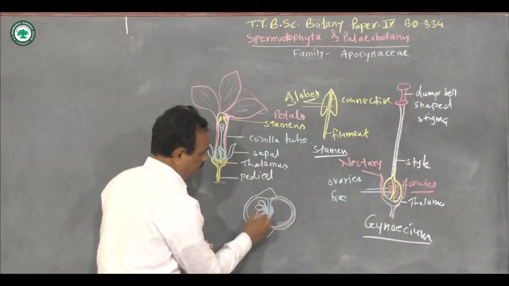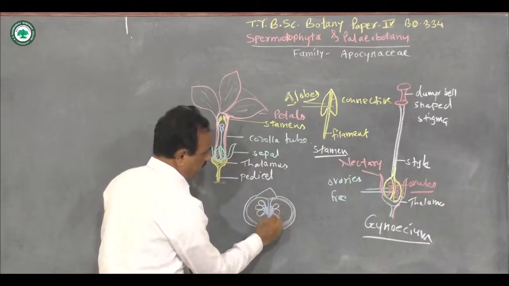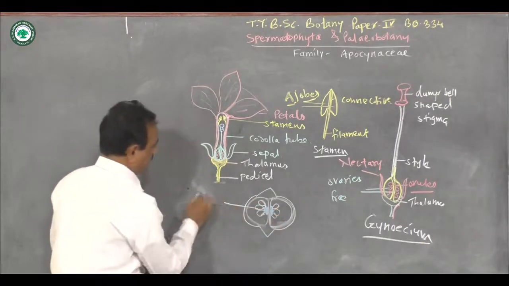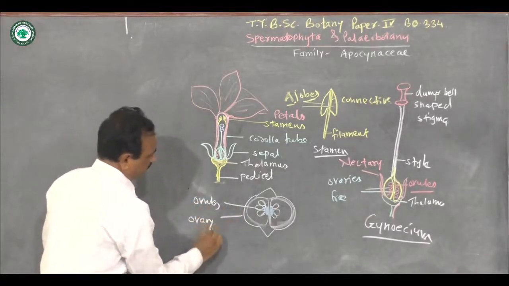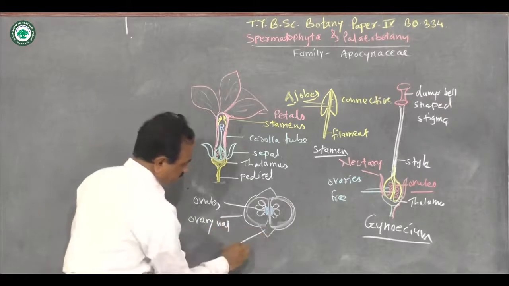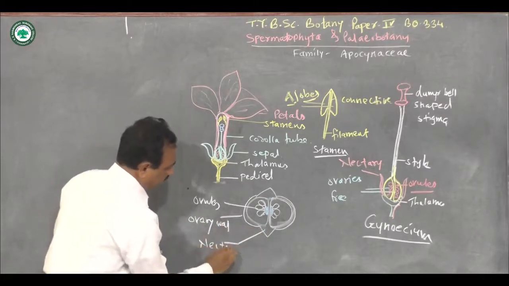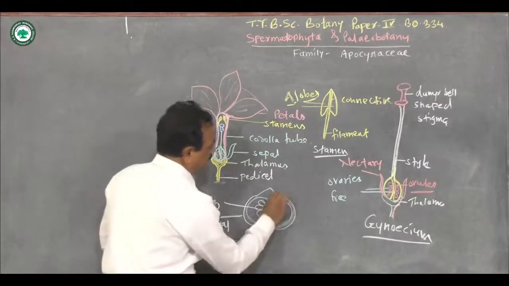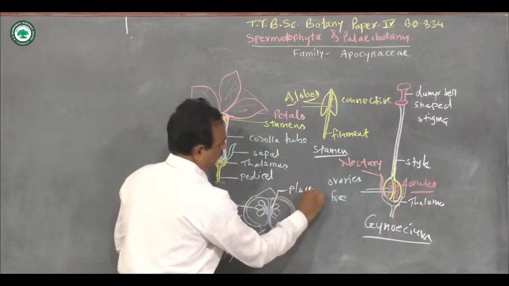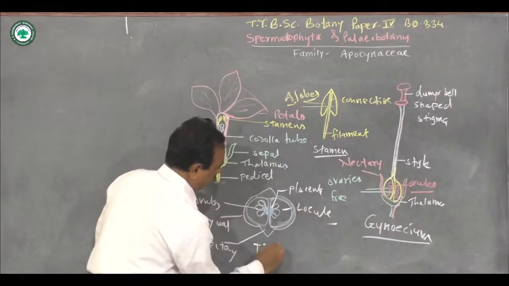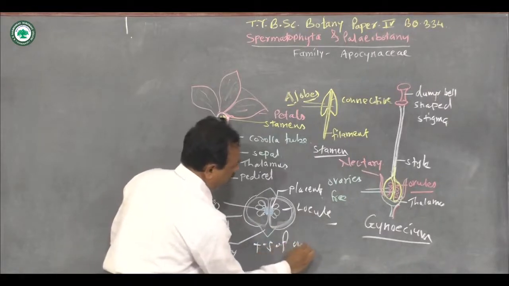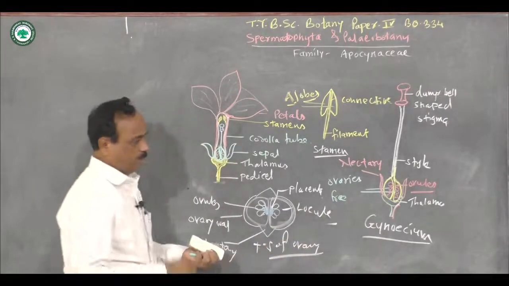So these are the ovules. This is ovary wall. This is the part of the nectary, and this is the placenta. This is the locule. So this is about the tiers of ovary.